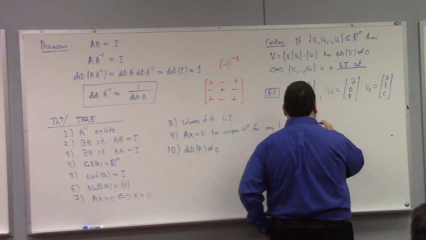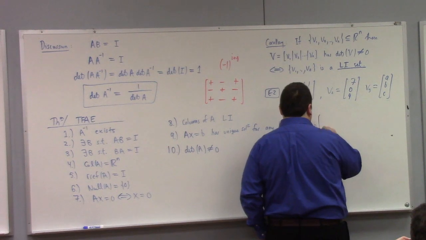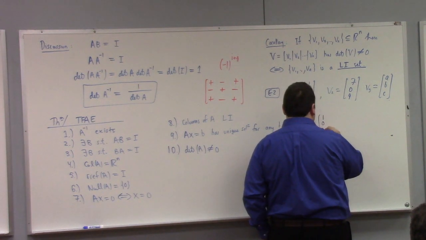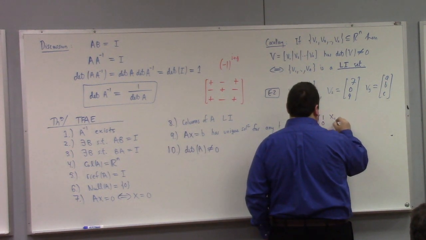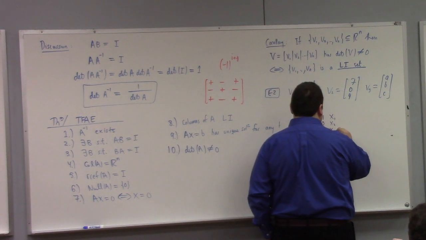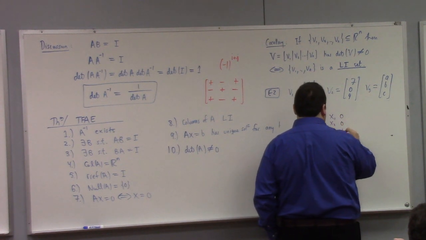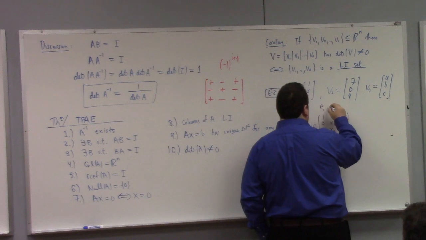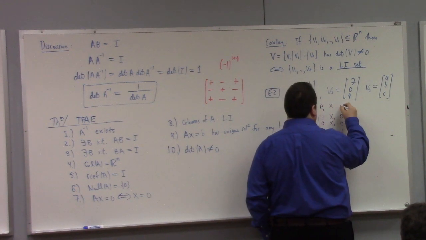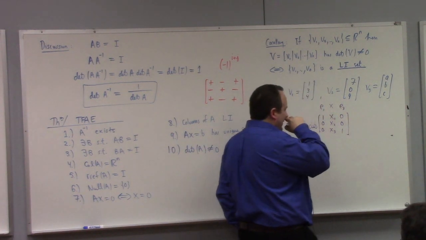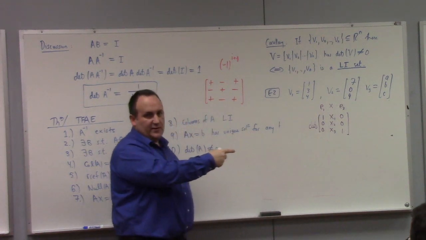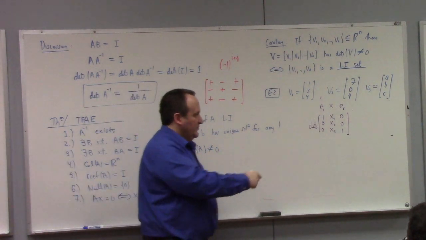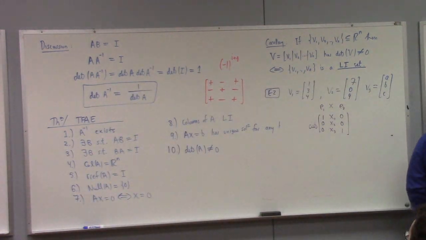If I have the determinant of 1, 0, 0, x1, x2, x3, 0, 0, 1, that's like E1, X, E3. This would be analogous to this thing right here, but I'm taking the determinant of it.